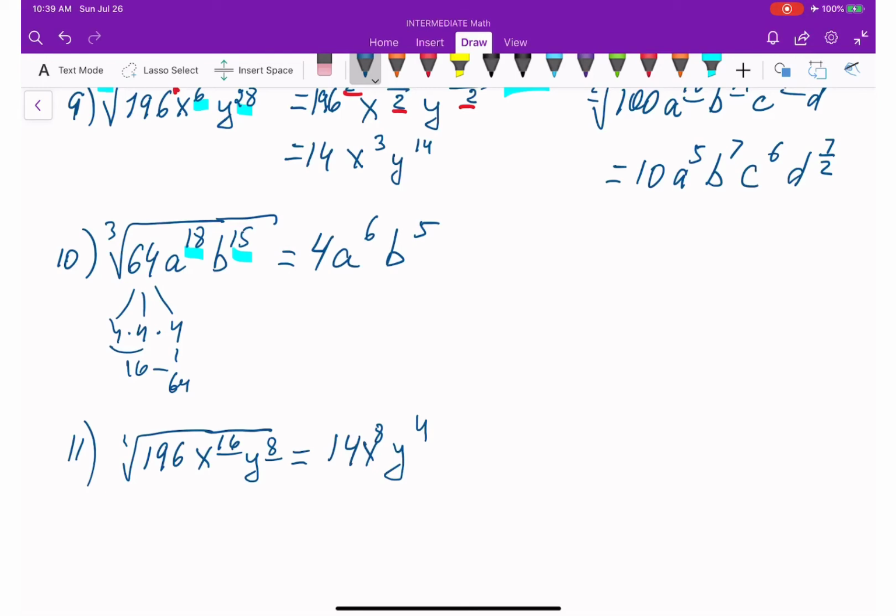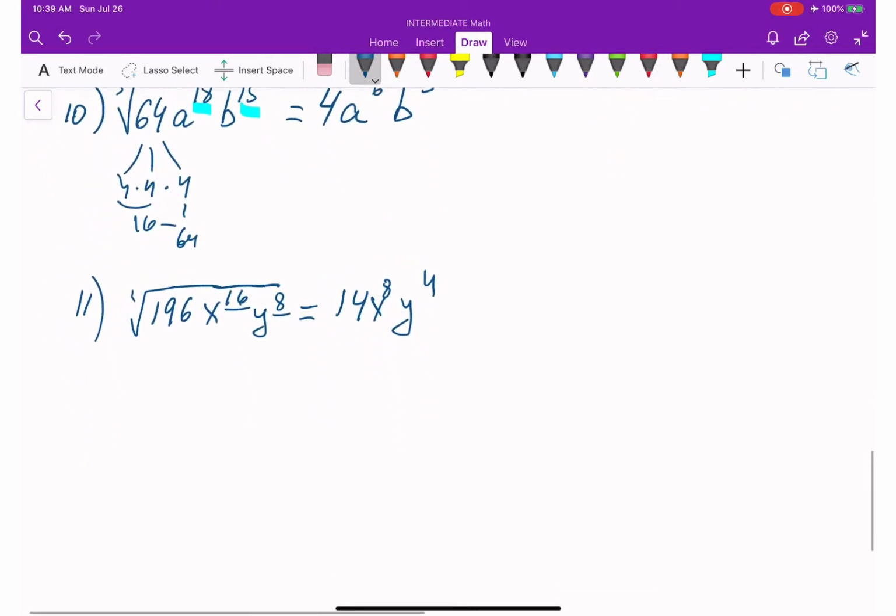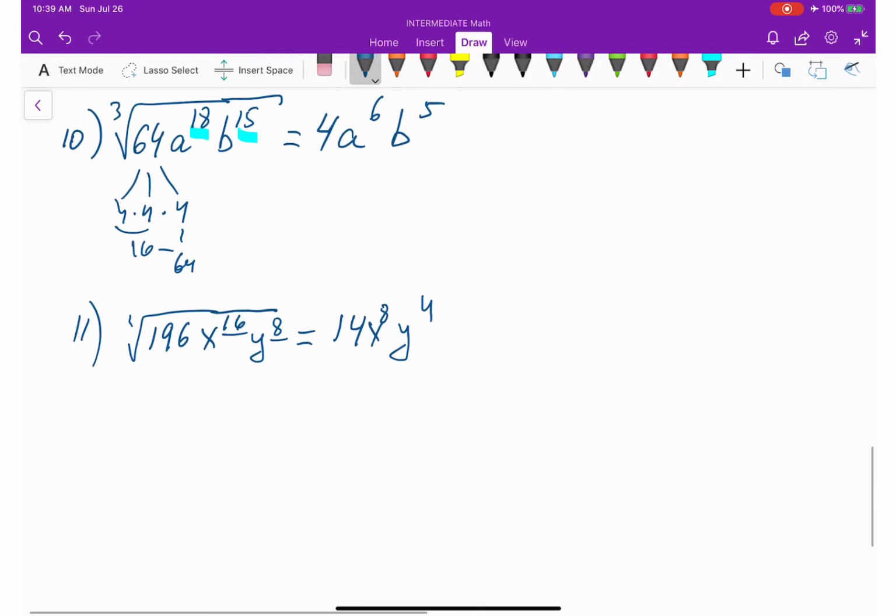Number 12. Now we are going to go backwards. Given rational exponent (5x plus 4) to power 4 over 5. Now in this case we are given rational exponent, we are going to go backwards.